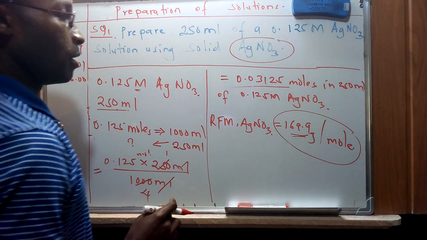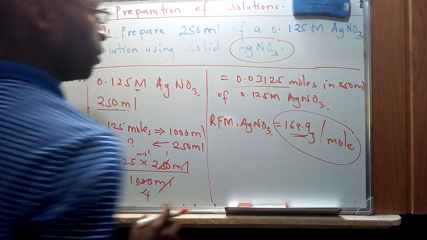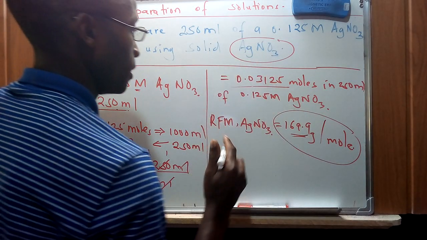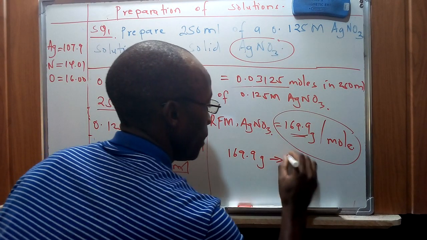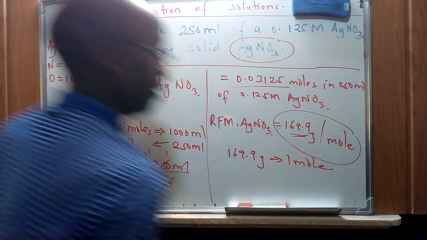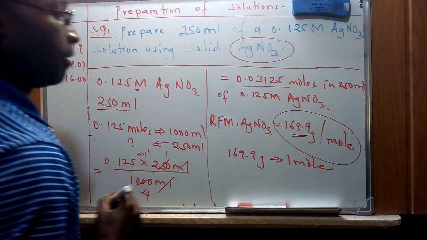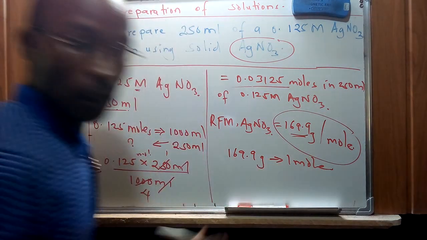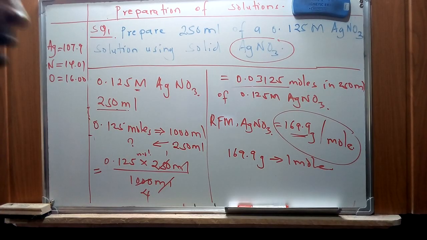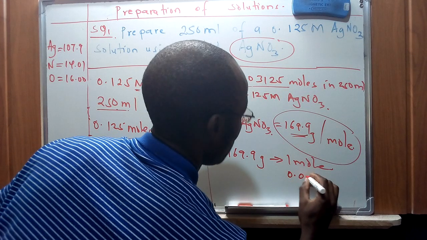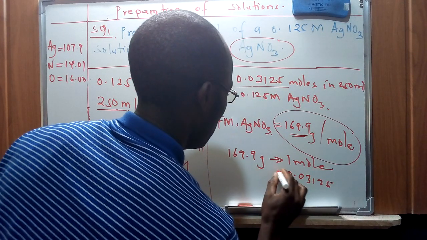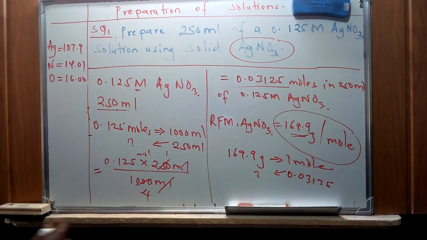So, ignoring this volume, I can just use the two relationships. Here I say 169.9 grams and 1 mole of silver nitrate. For the given 0.03125, we're going to do a cross multiplication now.